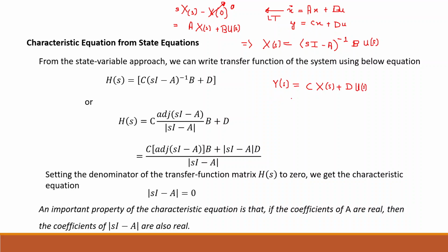Now putting this here, we can write C (sI minus A) inverse B plus D. Hence, the Laplace transform of the output and the Laplace transform of the input, Y(s) by U(s), equals C (sI minus A) inverse B plus D. So this is the expression that is written here.